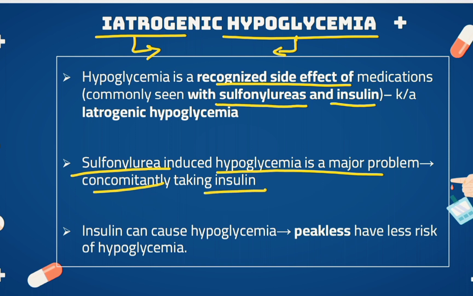We should also know that insulin also causes hypoglycemia, but this is less with insulins which are peakless, meaning the action of insulin has no peaks in its mechanism of action.